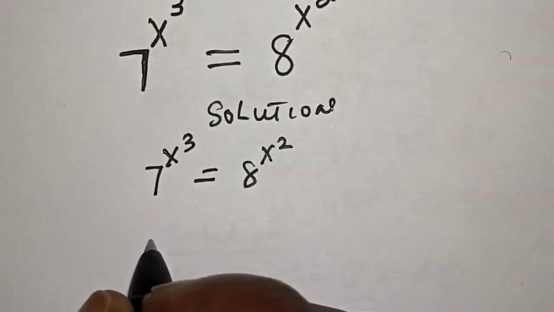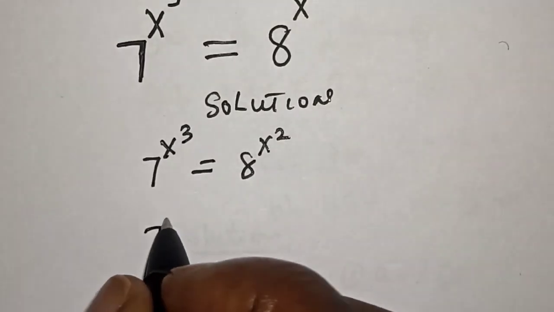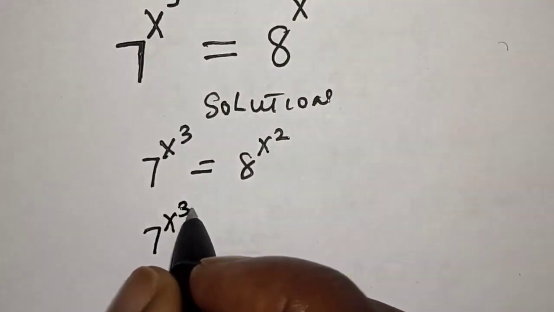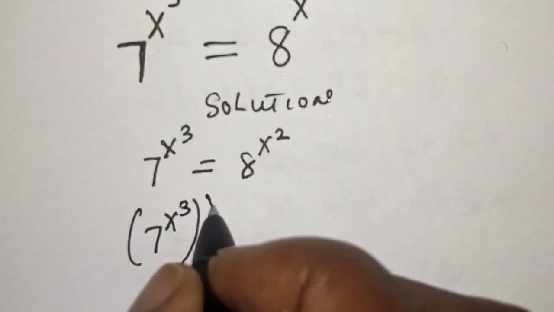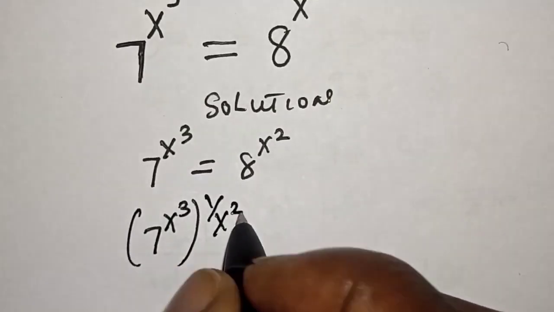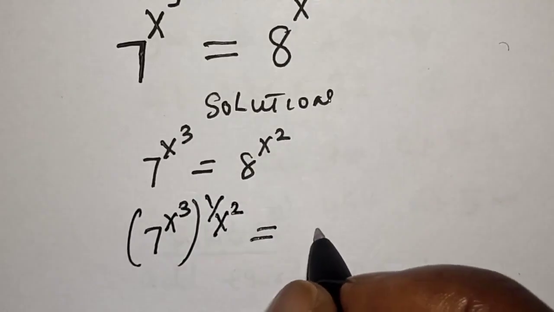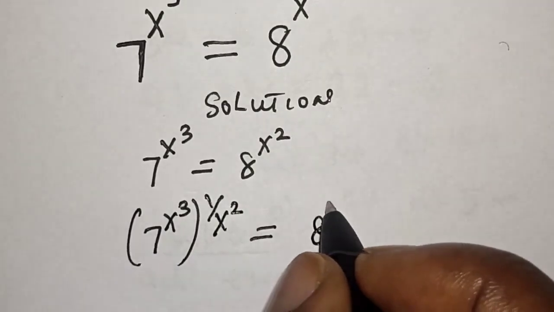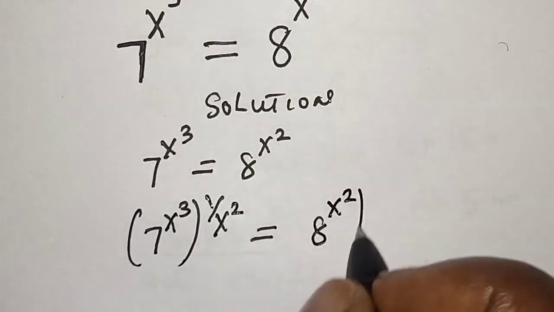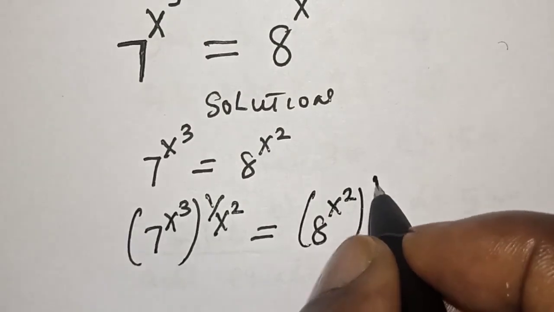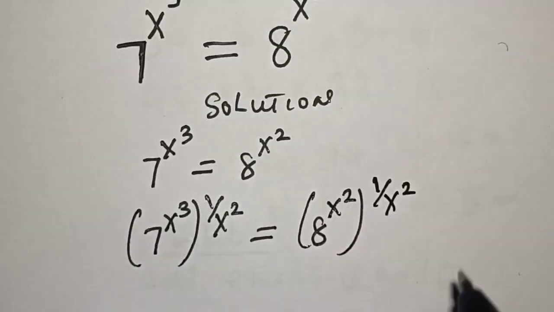That is 7 raised to power s cube multiplied by 1 over s squared is equal to 8 raised to power s squared multiplied by 1 over s squared.